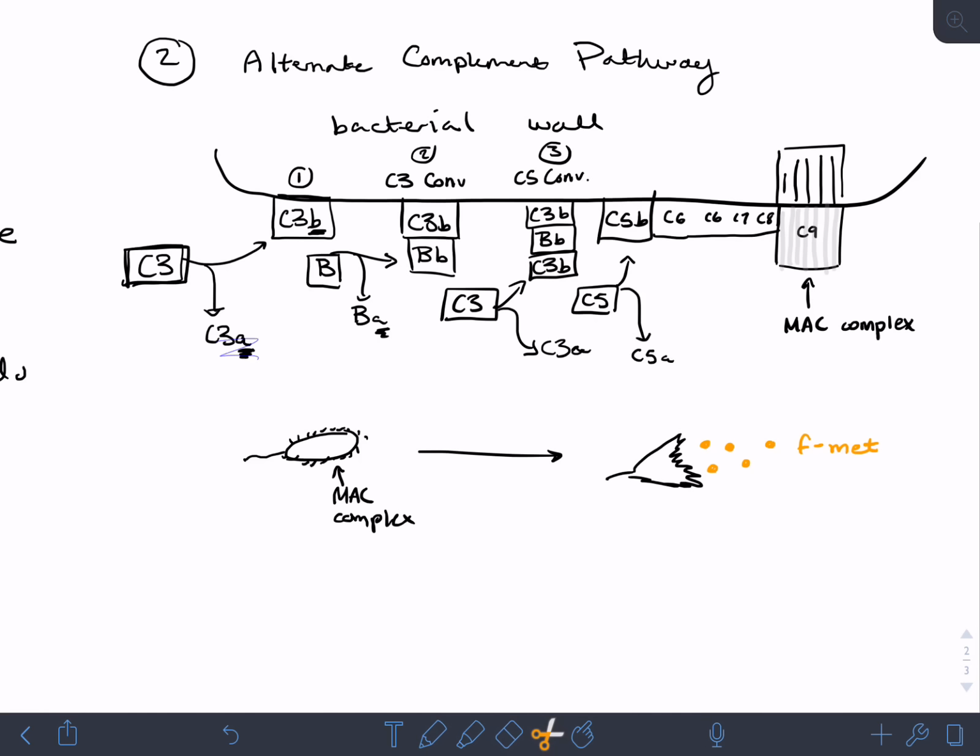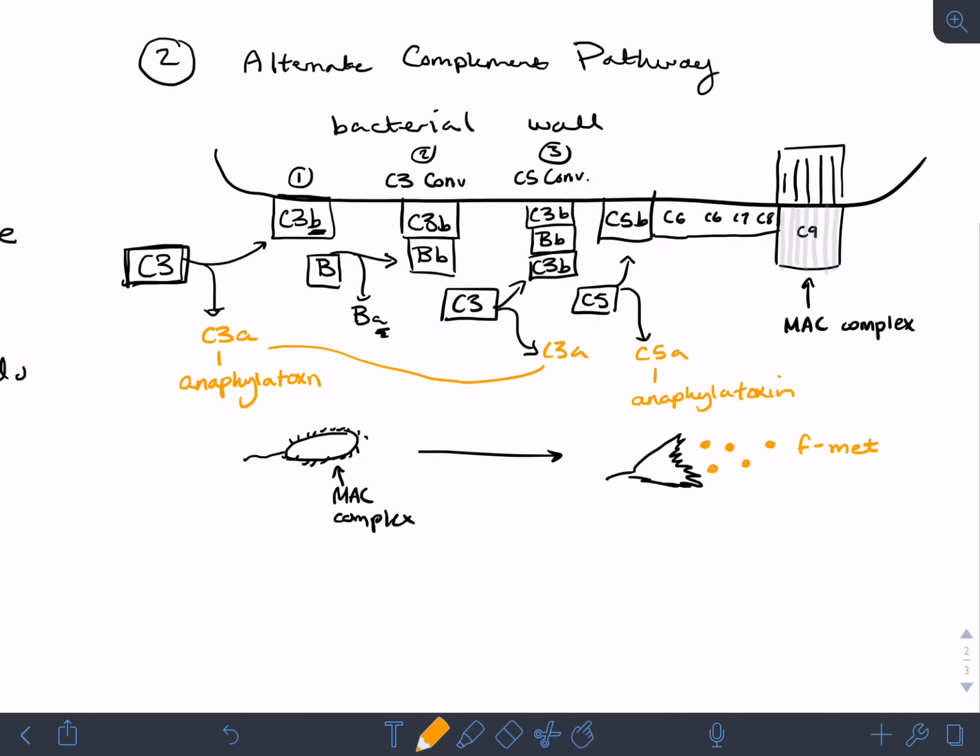C3a acts as an anaphylatoxin. That's the same over here, this is the same C3a. C5a is also an anaphylatoxin. And we'll talk about what specifically that actually is.